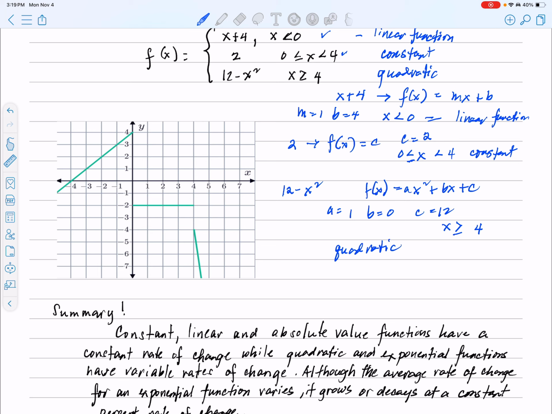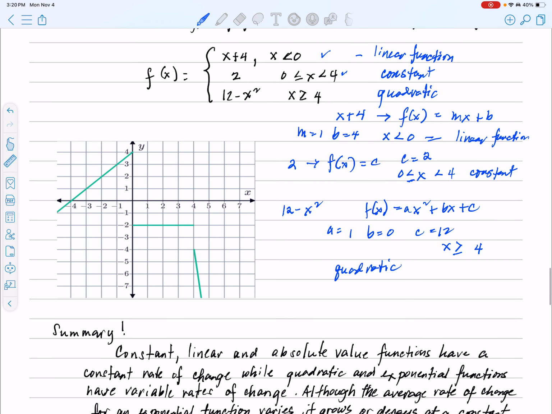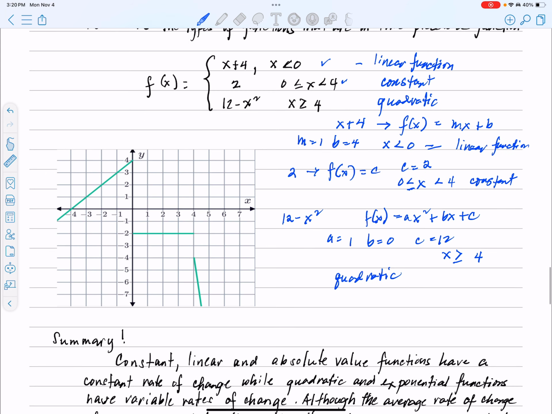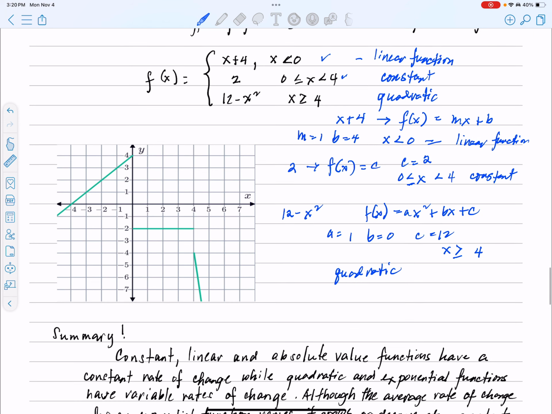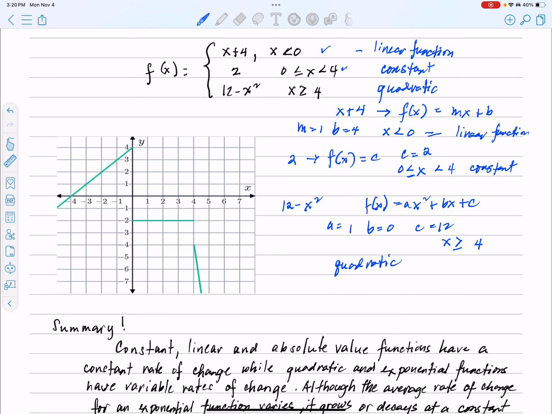So this is the constant here, where the function y equals 2. And the other one has been a part of absolute value and a piece of quadratic function. This one right here. So this is why it's important to consider the multiple features of the function instead of relying on the graph alone.